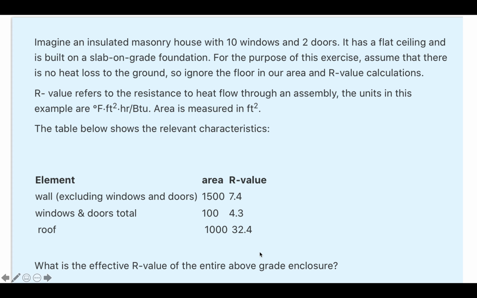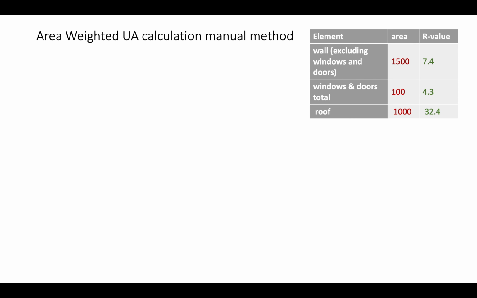So the first thing we need to do is take that table, and we're going to have to do an area weighted UA calculation, right? And this should feel really familiar. To calculate the UA, we're going to take the U factor of element 1 times the area of element 1, plus the U factor of element 2 times the area of element 2, and so on.